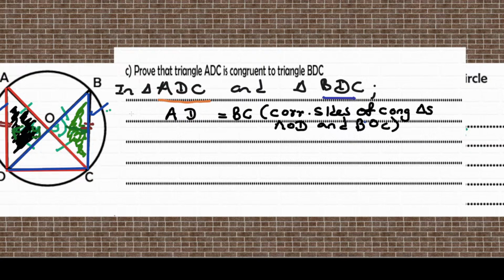Right. And then comes the next S, that is CD of triangle ADC is equal to CD of triangle BDC. It's one line segment acting as a side for both triangles. What do we call that? We call such sides a common side.